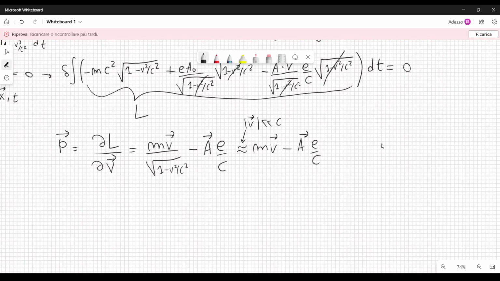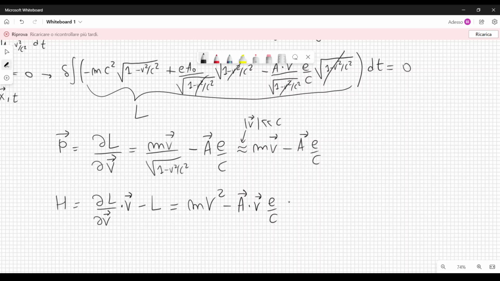And then I can find the Hamiltonian. So the Hamiltonian can be written in this form: derivative of the Lagrangian with respect to the velocity, dot product with the velocity, minus the Lagrangian. And this is equal to mv squared. Let me write it like this. This is the magnitude squared of the velocity minus a dot v times e over c.